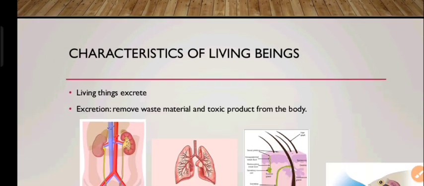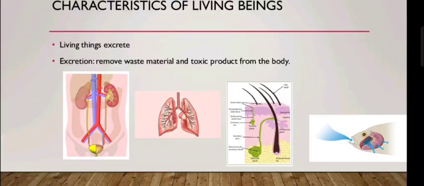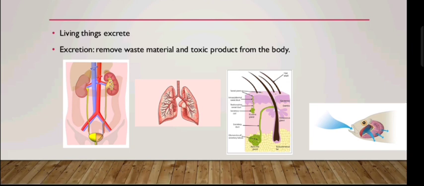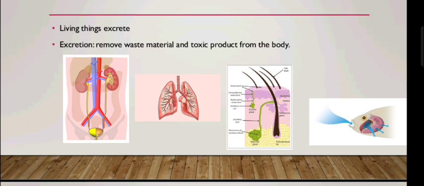Yes. Move on to the next. Living things excrete. All living organisms generate some waste product or toxic product in their body in different forms. So they get rid of the waste product through the excretory system.